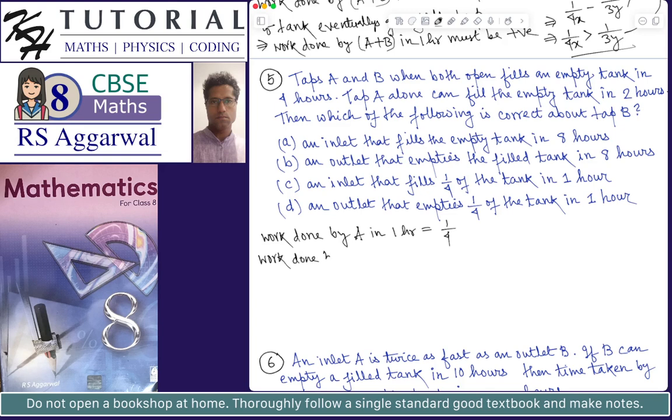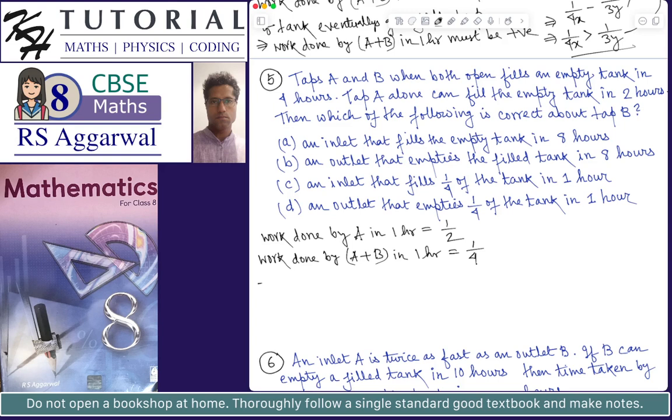Work done by A in 1 hour is 1 by 2. And when both taps A and B are open, the work done by A plus B together is 1 by 4, because it is given that taps A and B, when both open, fill an empty tank in 4 hours.